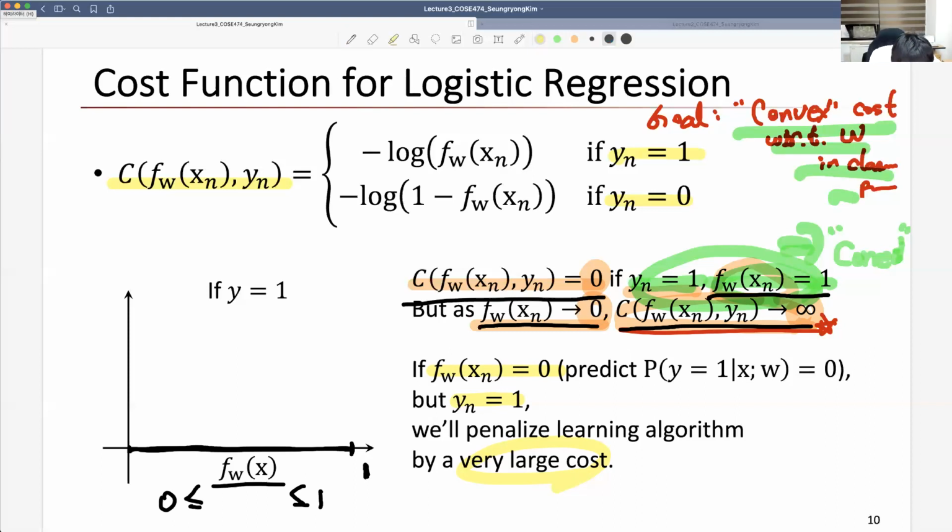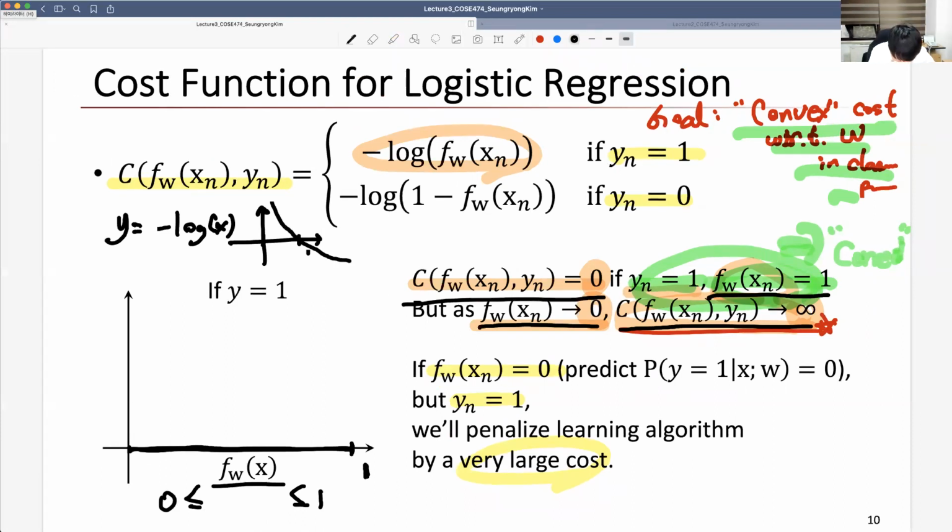So we define this kind of loss function. What is that? First of all, what is the shape of the negative log? It looks something like this one, right?